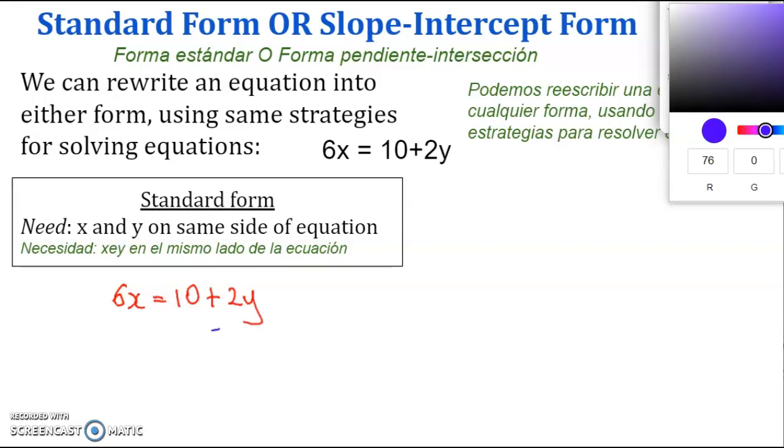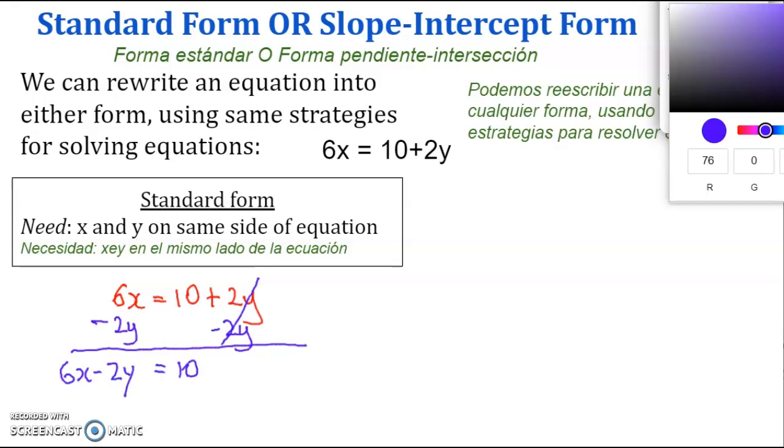So when I subtract 2y from both sides, this goes away to 0 and you're just left with 10 on the right hand side. On the left hand side, I did write it underneath one another, but I shouldn't have done that because they're not actually like terms, are they? So I can just rewrite this as 6x minus 2y is equal to 10.